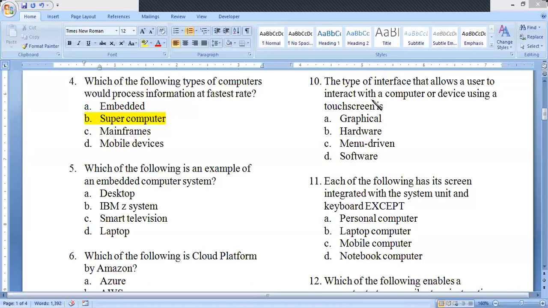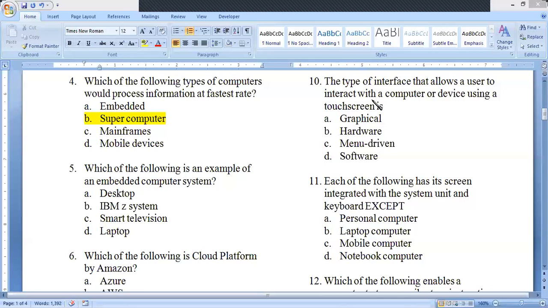What about embedded? These are small chips that are used to operate big things like a washing machine. Very good, Kira. So the embedded type of computer system is a small device or a small chip that is placed inside larger devices for some form of control.